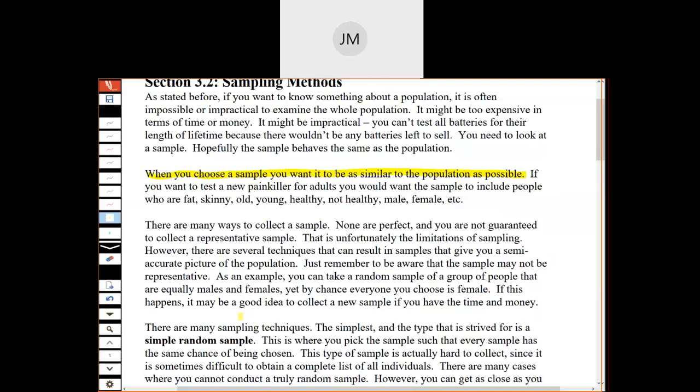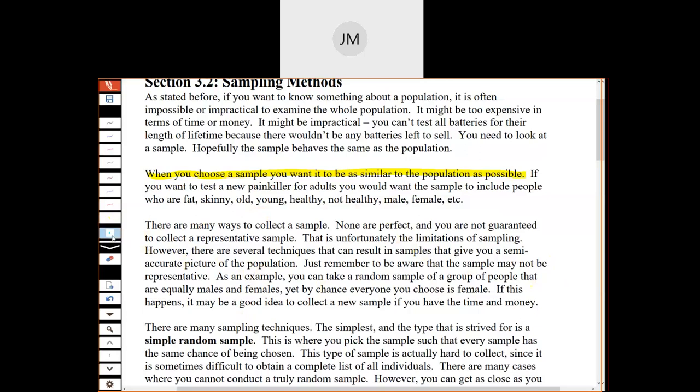So there are no guarantees in statistics. But there are some techniques that are going to be better than others, that are going to give us a better chance, or at least a reasonable chance, at having a good representation of the population. So that's what we're going to talk about here.